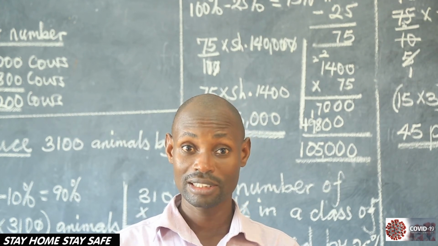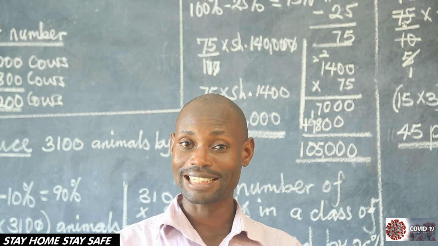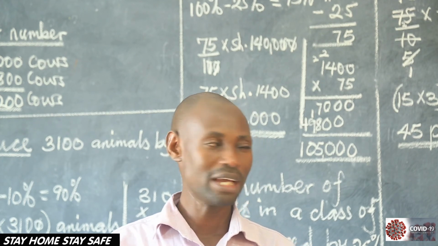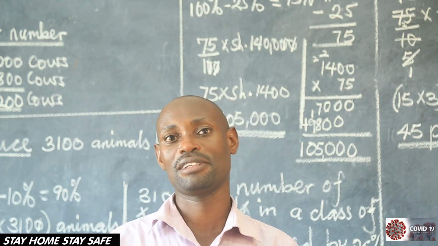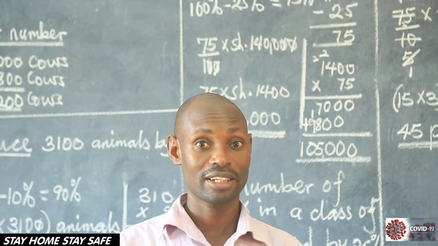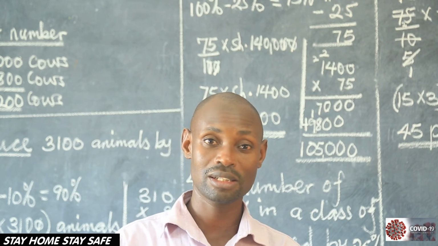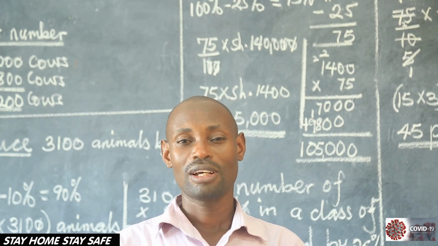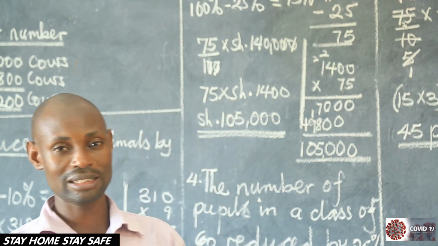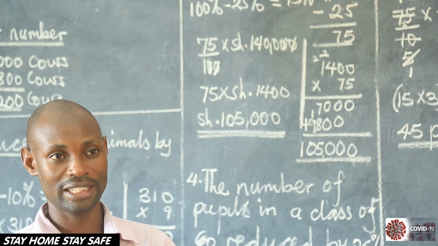Sit down, compose yourself, and do this work very well. And above all, the activity may not give you enough practice, but you can read textbooks, get more questions, and practice. When you practice, that is when you will make mathematics easier in your brain.